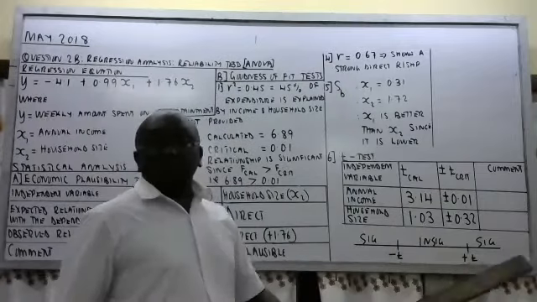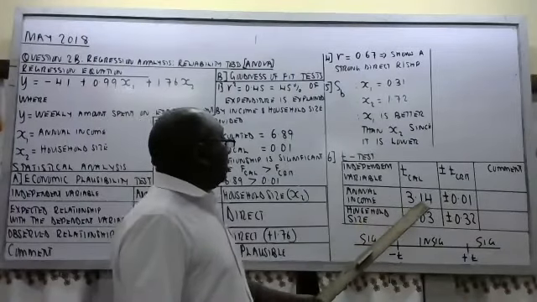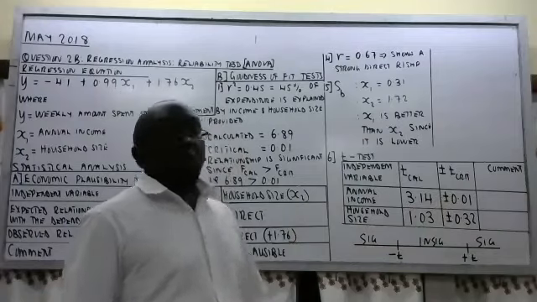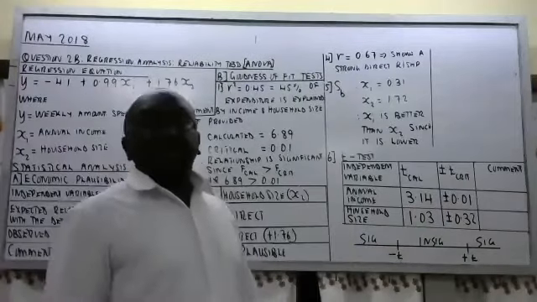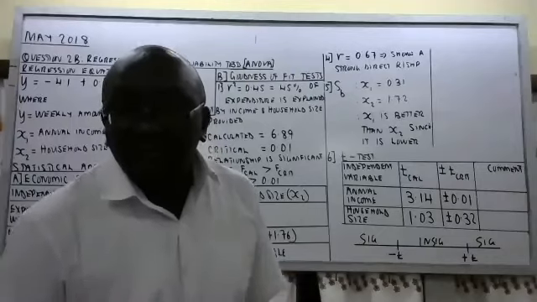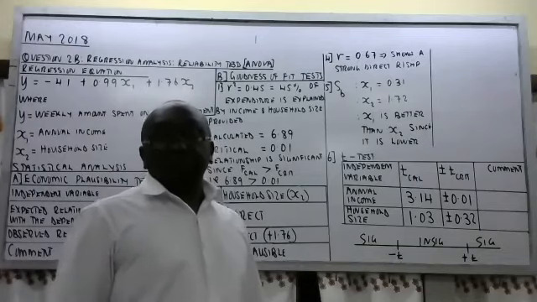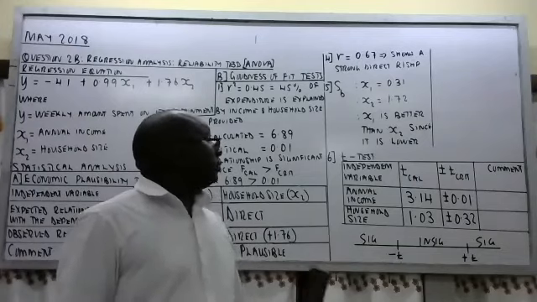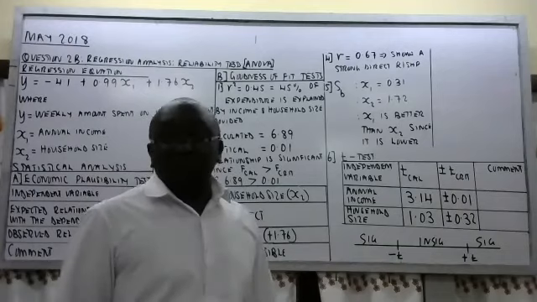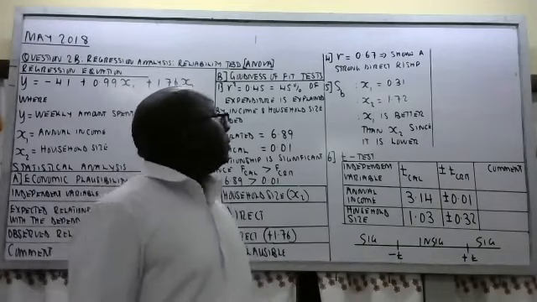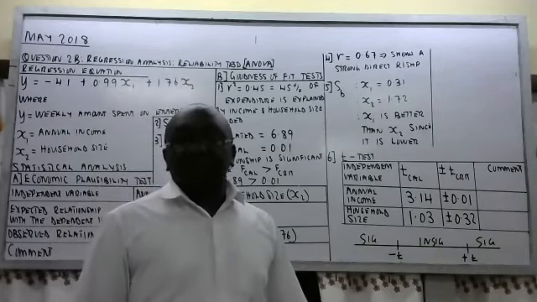So I want you now to apply that and tell me whether the annual income, this and this, is significant or insignificant. For the annual income, is it significant or insignificant?